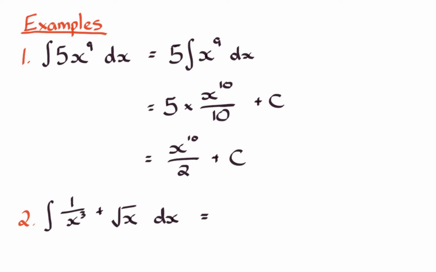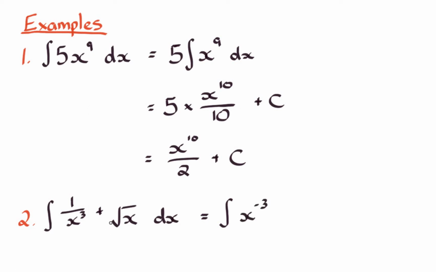Okay, here's our second example, and already it's looking a little bit scarier, but remember we dealt with ones that look like this in the last lesson. The first thing when we see fractions, the first thing to do is to use our negative indices. Right, that generally makes it easier for us. So 1 on x cubed can be expressed as x to the power of negative 3.